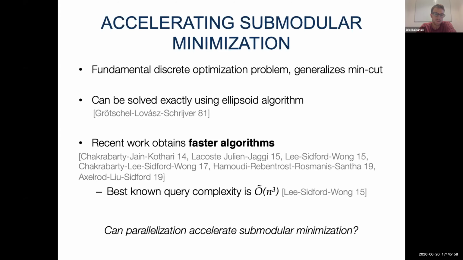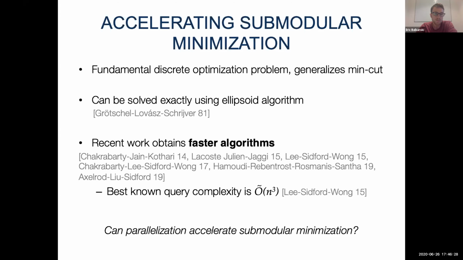It's known since the early 80s that submodular minimization can be solved exactly using the ellipsoid algorithm. However, the ellipsoid algorithm is very slow in practice and requires a very large number of queries to the objective function. So this has motivated a long line of work, a lot of which is very recent, with the goal to accelerate submodular minimization by reducing the query complexity.